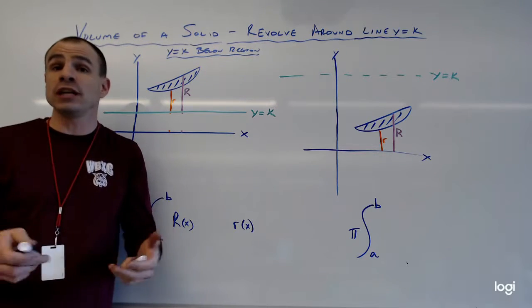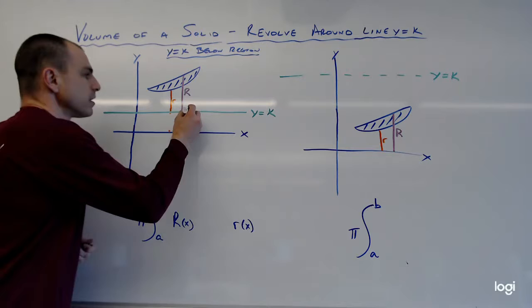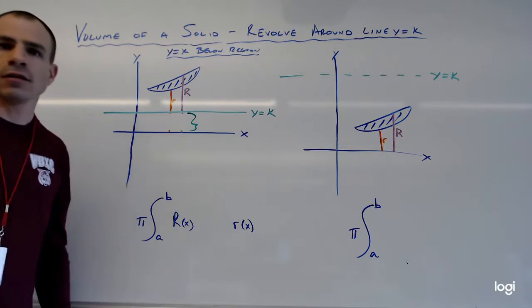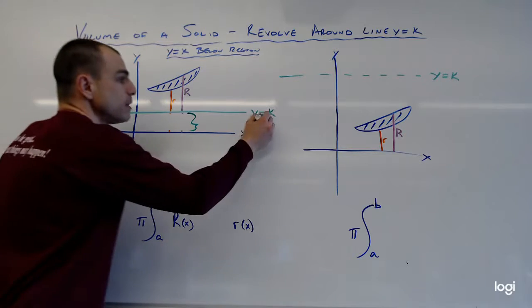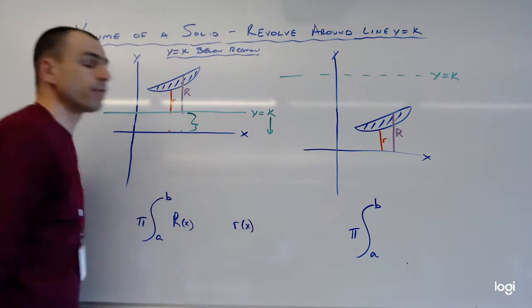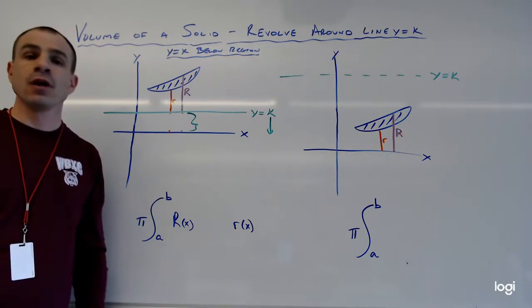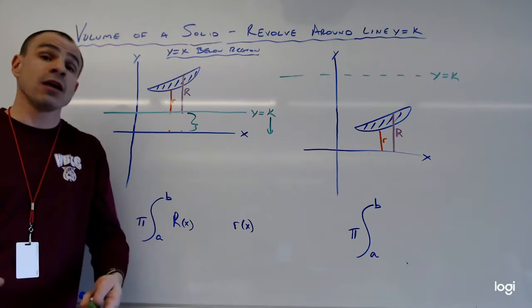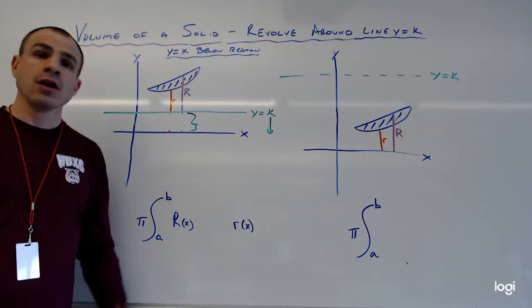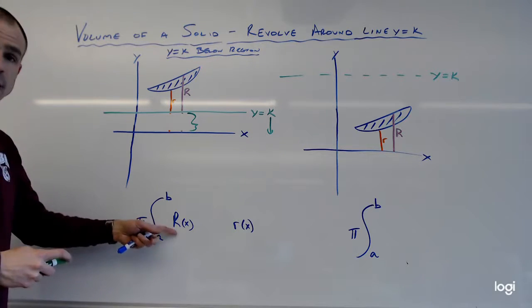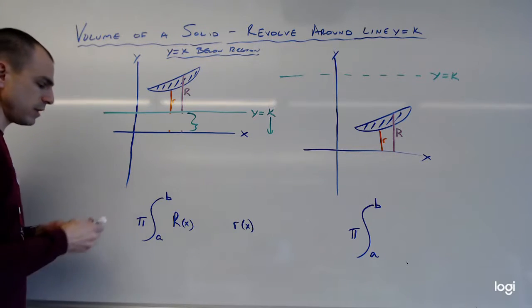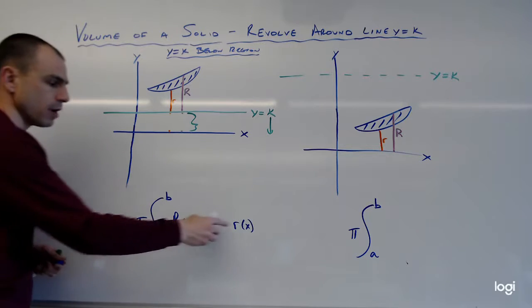Now, how much do we need to subtract? We need to subtract that distance right there, which, by the way, happens to be k units up from the x-axis. So we just need to subtract k from both of our radii. So when we're doing our integral, we still have our pi, capital R and lowercase r.